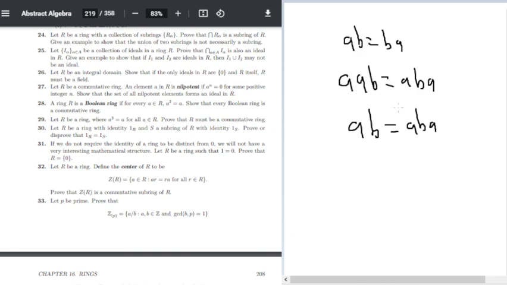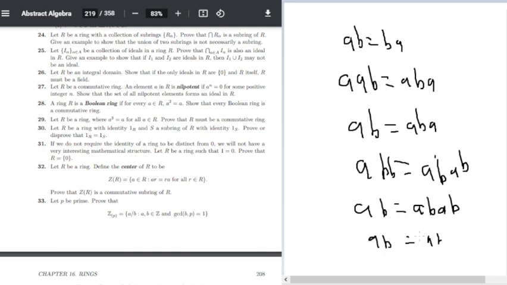Then we multiply on the right side by B to get AB is equal to ABB is equal to AB, which gets us that AB is equal to ABAB, which is the statement that AB is equal to AB squared. So then we just do these implications in reverse.